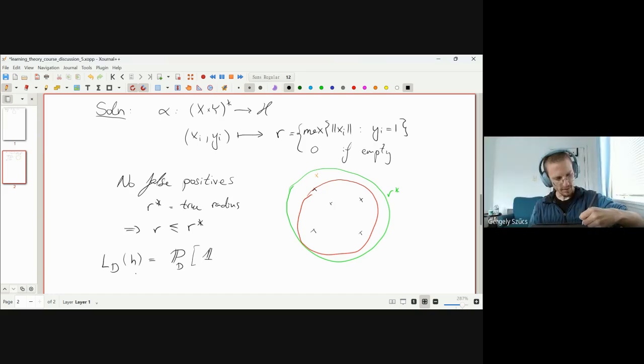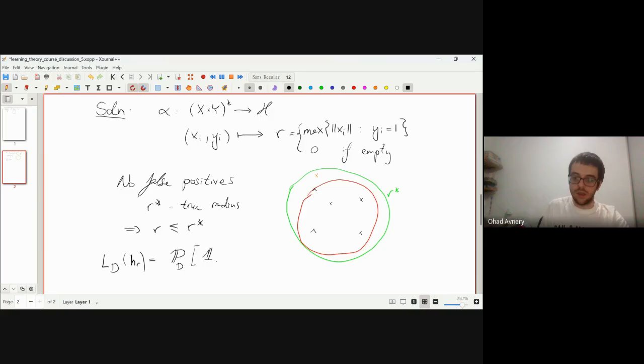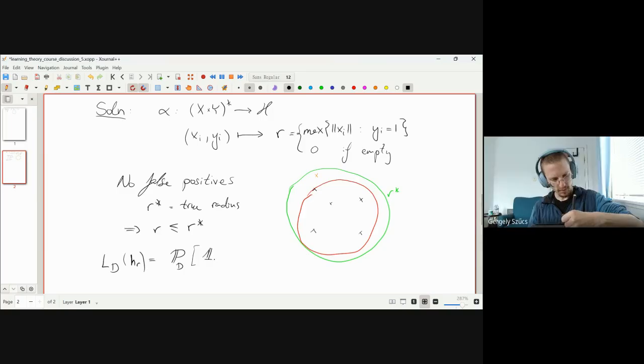Maybe you could say loss of H sub R, where HR is the indicator of BR. That's our prediction. I think I had to write this as the indicator of norm X less than or equal to R star.